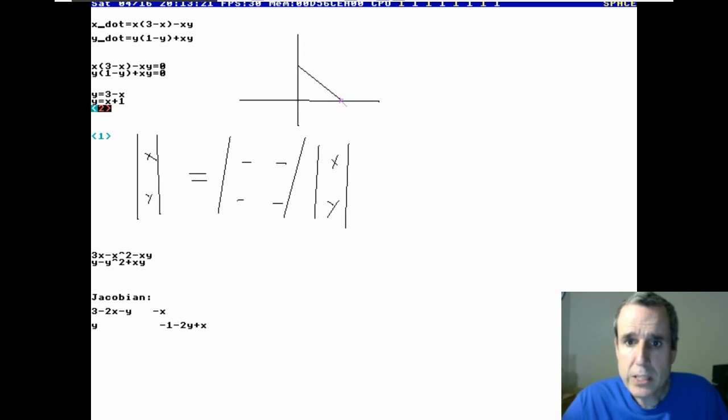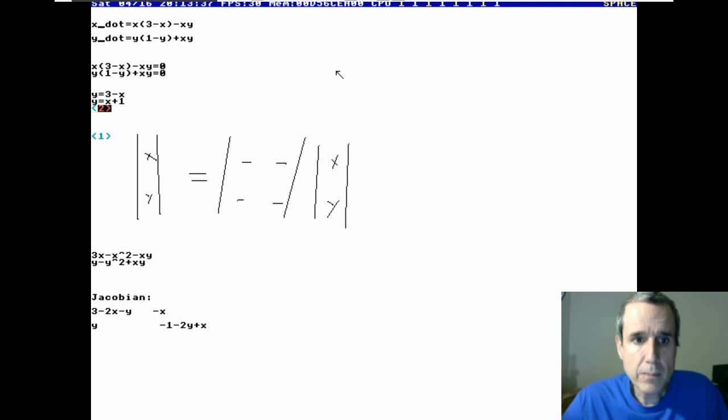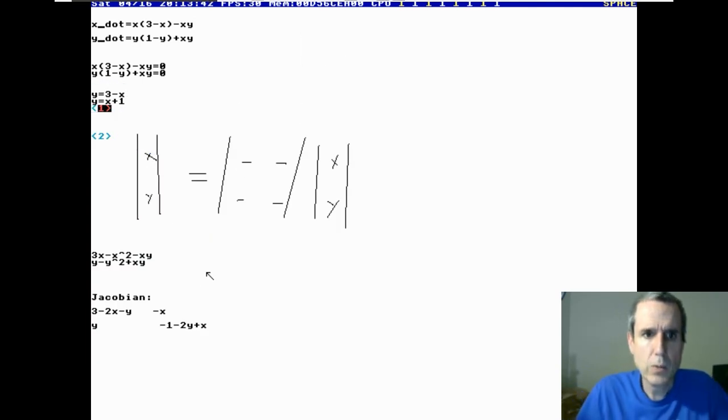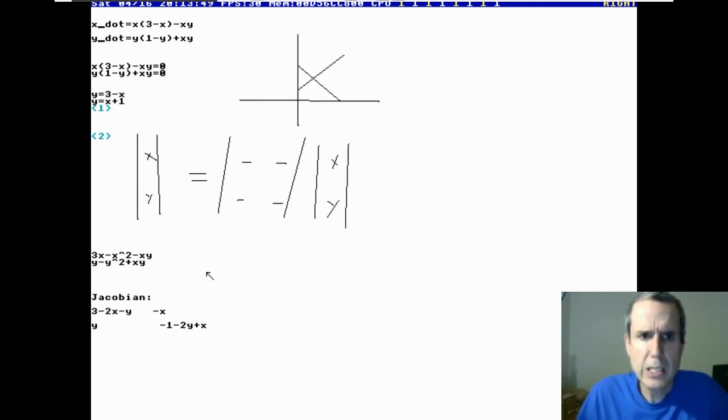So it's going like this. And this other one is for x positive, and at x equals 0, it's minus 1. At x equals 1, that's a 2.